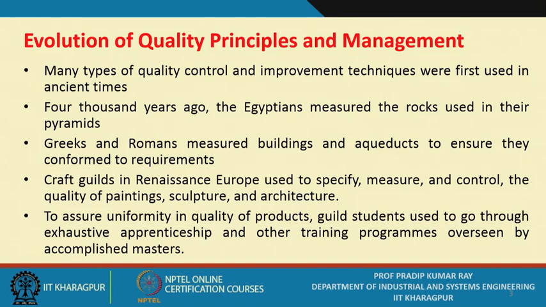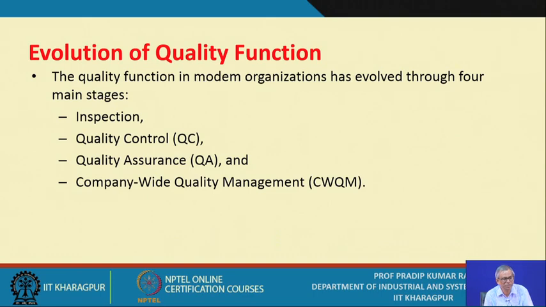To assure uniformity in quality of products, the guild students used to go through exhaustive apprenticeship and other training programs overseen by accomplished masters. Exactly the same thing even today we have been doing at different organizations.